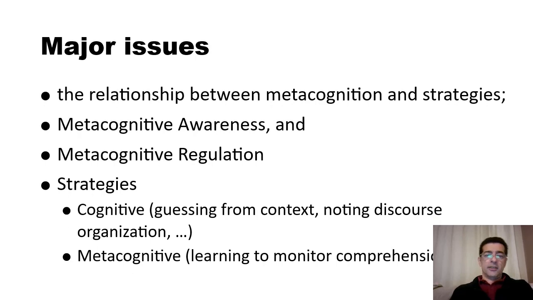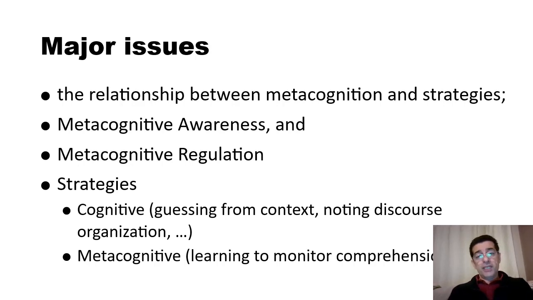The next issue we have is the relationship between metacognition and strategies. Metacognition, I'm sure you're familiar with the concept, refers to the knowledge and control that we have over our cognitive processes. In other words, metacognition means knowing about knowing, or your knowledge about knowledge.